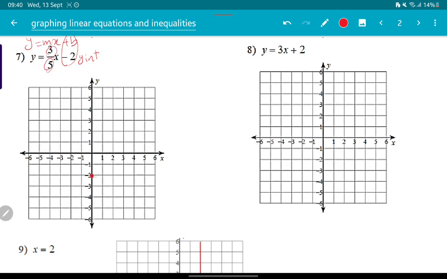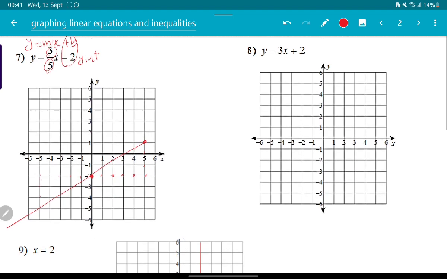So we move up 3 for each 5 units right. 1, 2, 3, 4, 5. 1, 2, 3. So this is the second point. And if you try to go in a different way, -1, -2, -3, -4, -5, you will have to go down -1, -2, -3. The same idea.